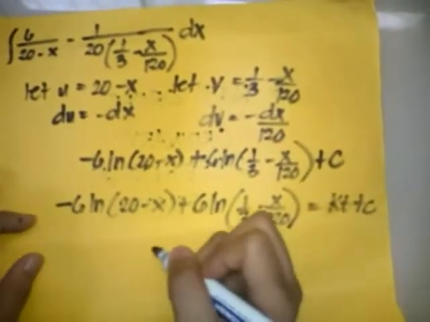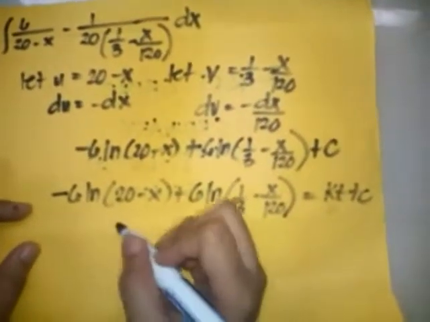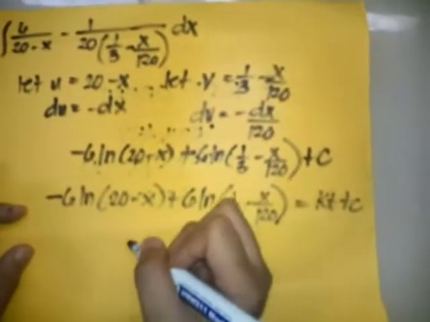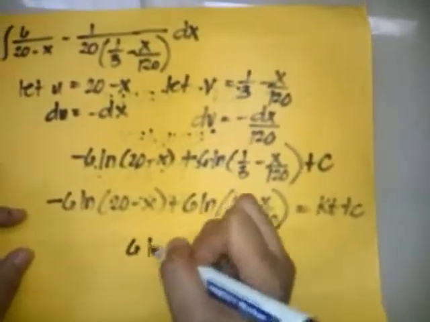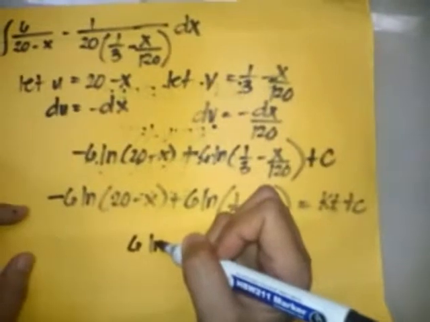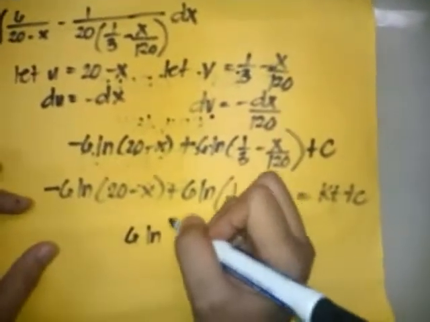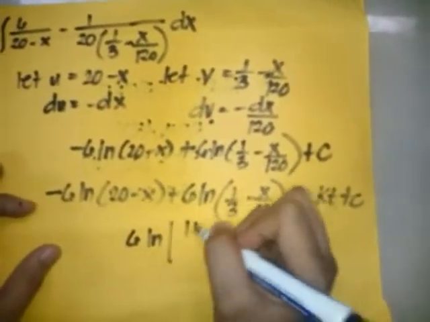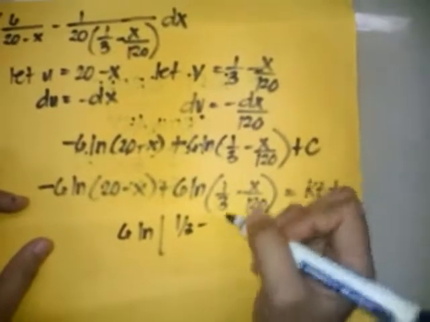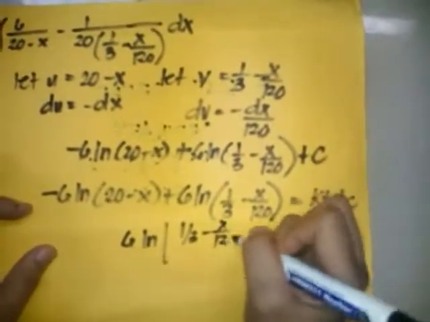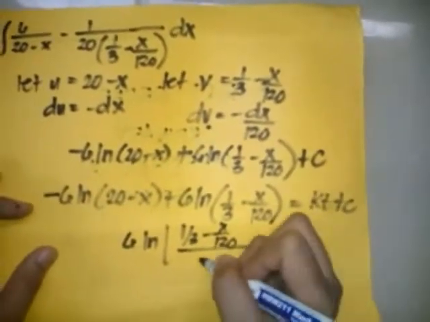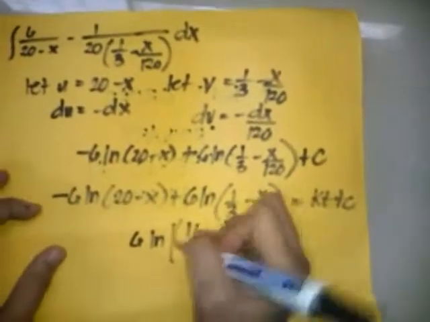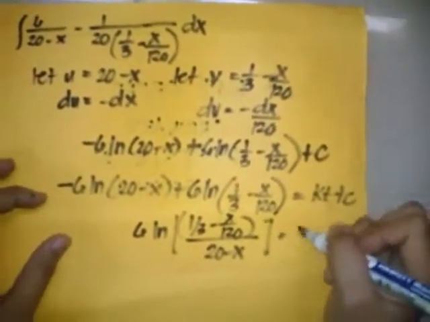The 6 can be put into the form 6 ln of (1/3 minus x over 120) over (20 minus x) equals kt plus c.